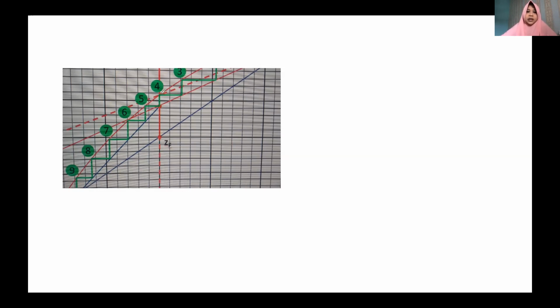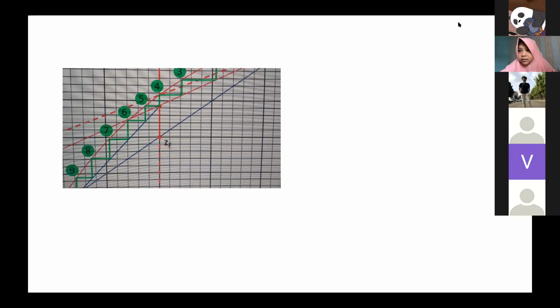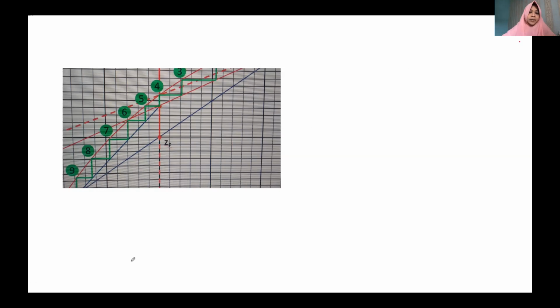So, in order to explain the graph, it is much better if you combine them with a sketch. I'll use my pen.